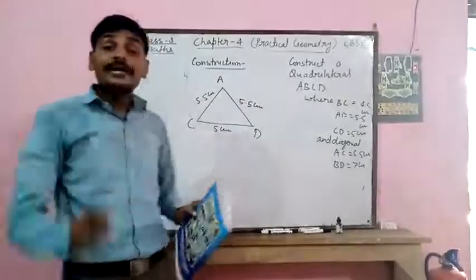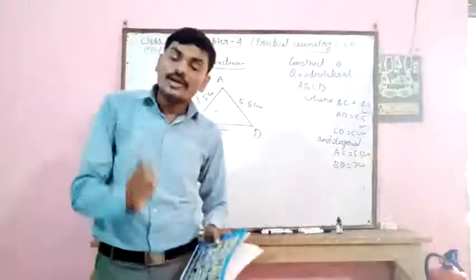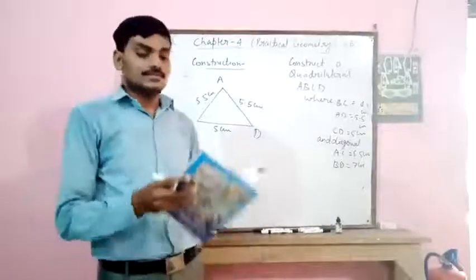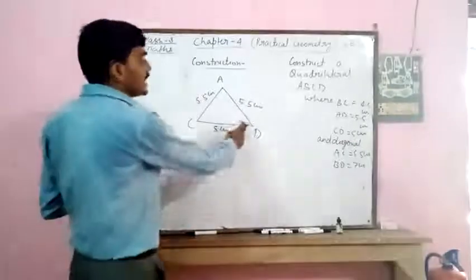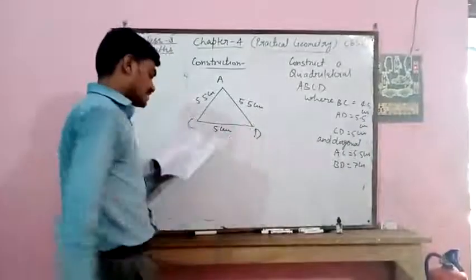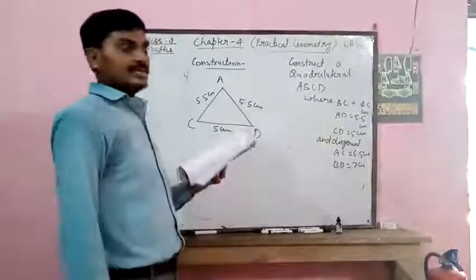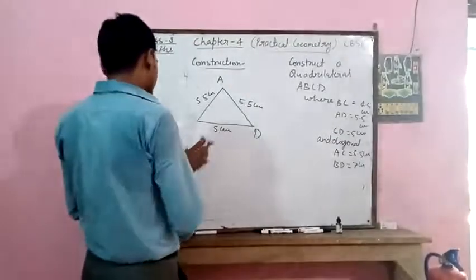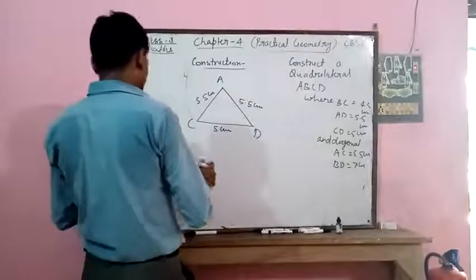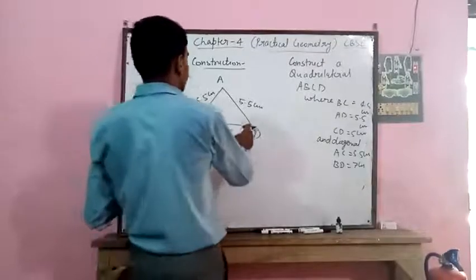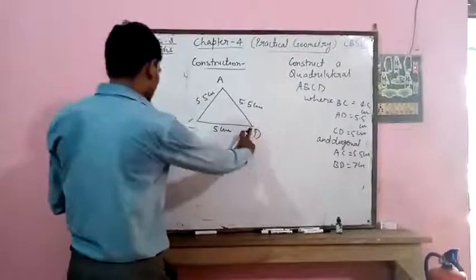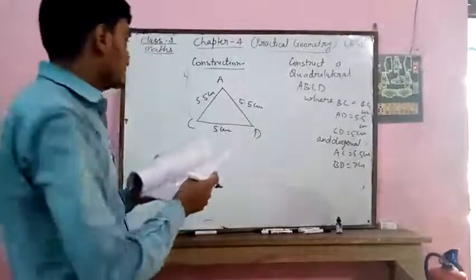Now we have to locate the point B. So from point D, draw an arc of radius 7 cm.